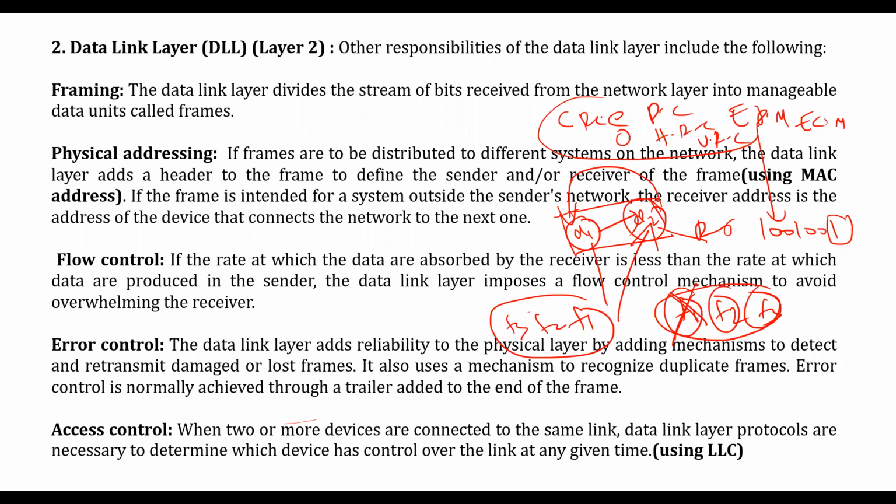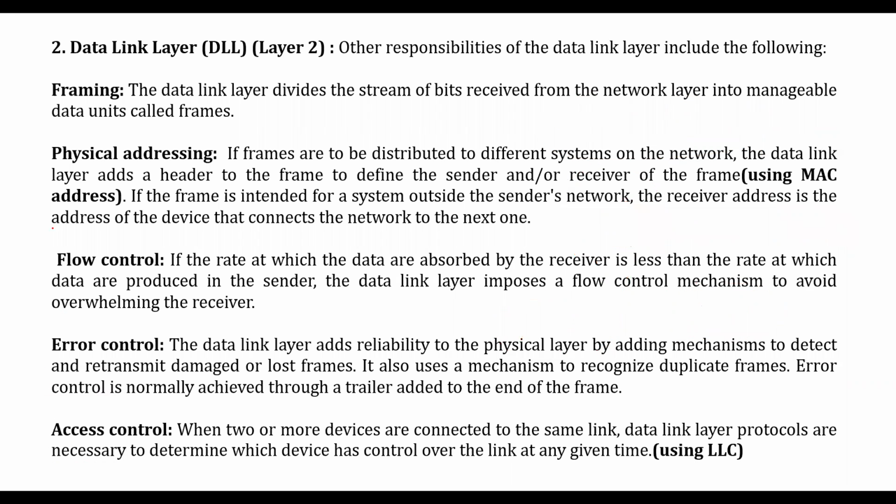Many combinations are there. In coming units, we will explain and demonstrate all these error detection and correction methods. And we already explained what flow control is in the transport layer. The same thing is applicable here also, but here it deals with frames. There we talked about messages.